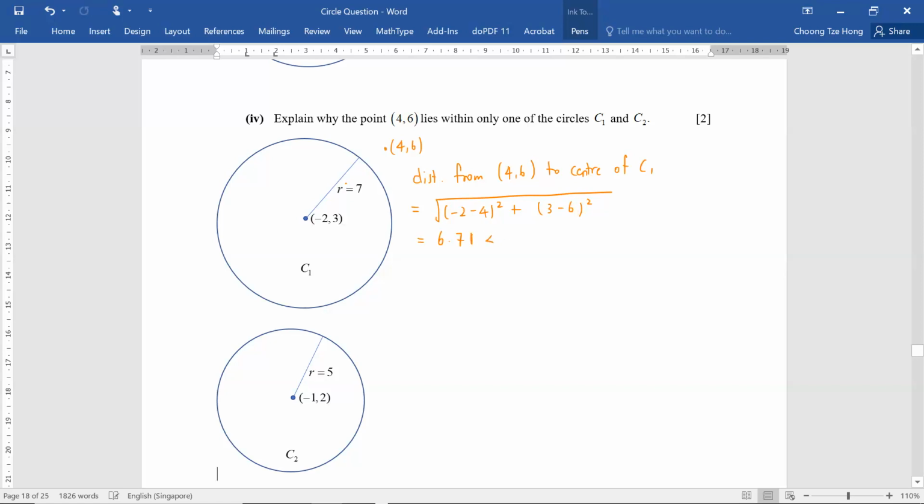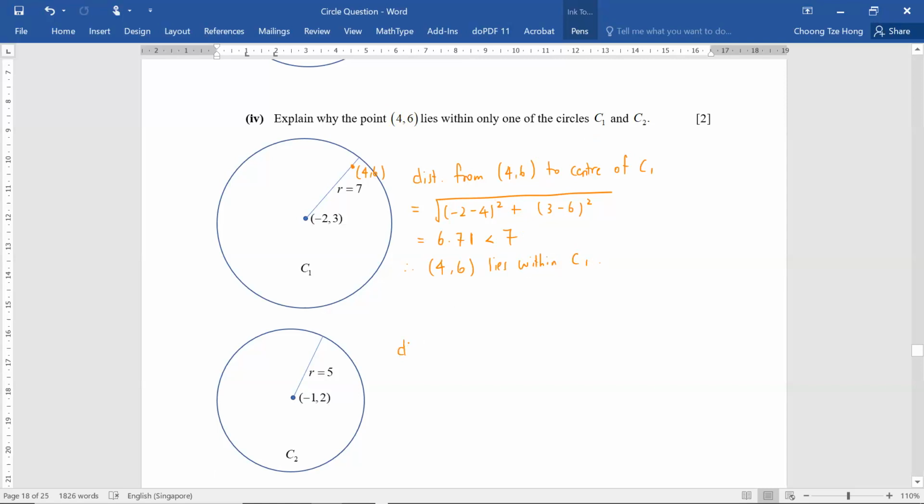We know that it's less than the radius, which is 7, so (4, 6) has to be inside the circle somewhere here. Therefore (4, 6) lies within C1, using the words of the question, because the distance is less than the radius.